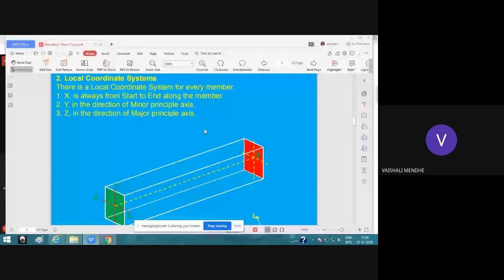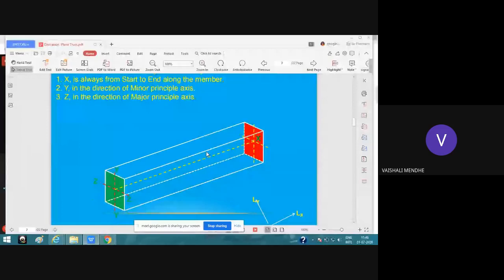From this figure, you can see that x is always from starting to ending along the member. Here you can see x is starting. So x is always from start to end along the member.